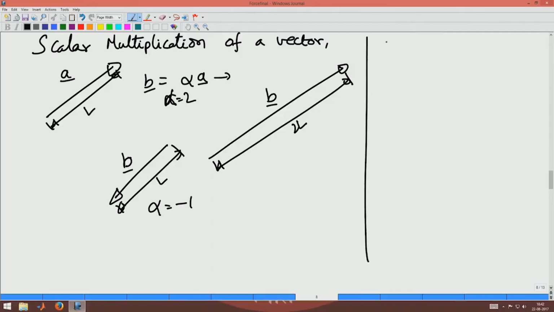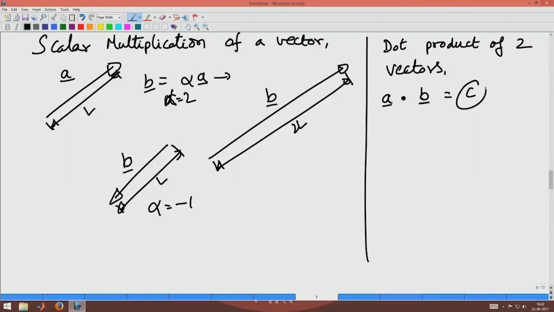On the other hand, a dot product of two vectors is denoted by A dotted with B is equal to some scalar value C. This is not a vector, scalar value. Okay.